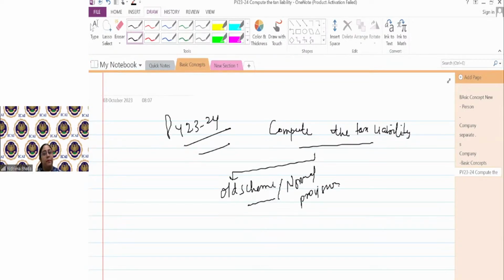Now, a couple of years back, a new scheme was introduced. A new scheme of computing the tax was introduced under Section 115BAC.